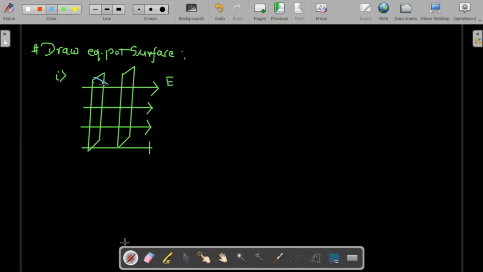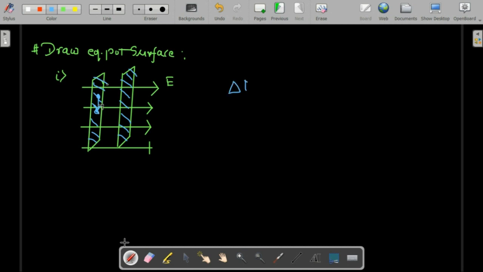So you consider any point on this plane, the electric field is in this direction and the change will be in this direction, always making an angle of 90 degrees. So the potential everywhere on this particular plane is going to be the same. You have to check for this result. That is important. Only then can you say that the surface will be equipotential.